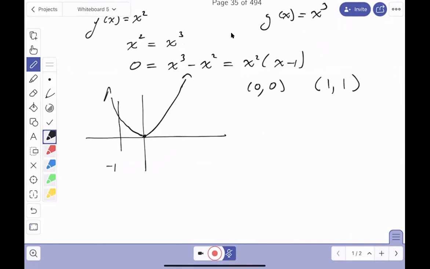This point over here would be -1, 1 along that parabola, and then 2 is over here. And what would that point over there be? It would be 2, 4. That's not so bad. All right. And by the way, I've got points of intersection. I want to point them out to you at 0, 0, and the other one's going to be at 1, 1.